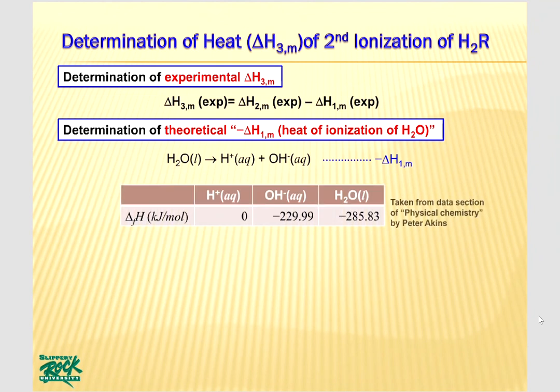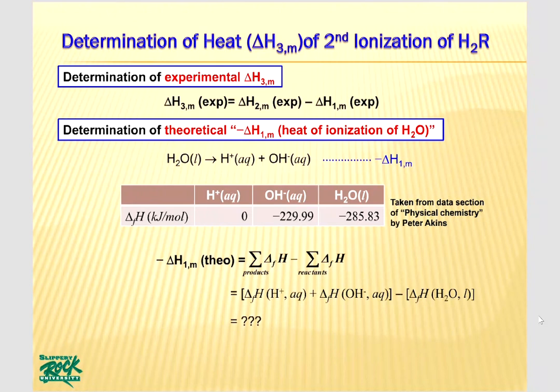You may find the values in the data section of your PCHEM textbook. The reaction enthalpy is simply the sum of formation enthalpies of products minus the sum of formation enthalpies of reactants. So, negative molar delta H1 is the formation enthalpy of proton plus the formation enthalpy of hydroxide ion minus the formation enthalpy of water.